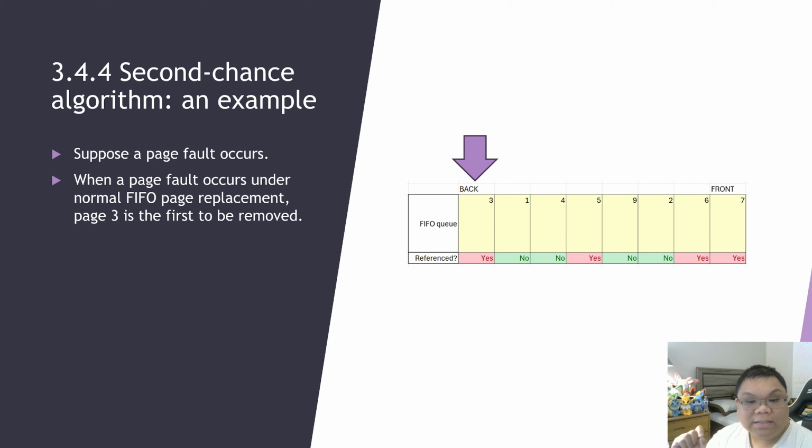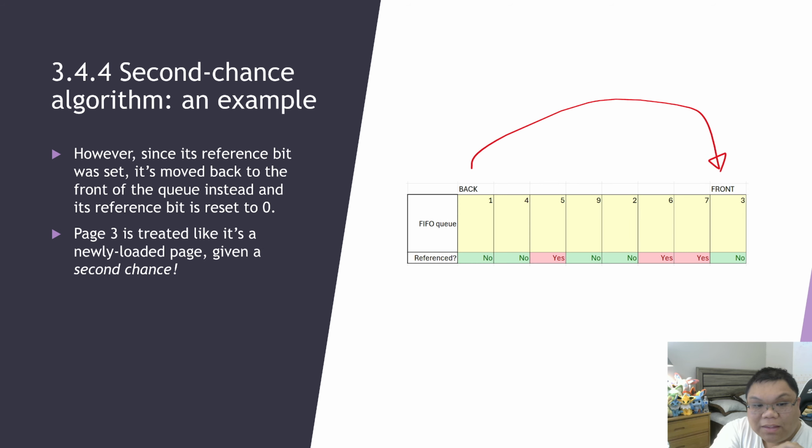If the reference bit is set, that is, the reference bit is 1, that page has been referenced during that time interval, because we have a timer that will reset every page's reference bit. If that reference bit is set to 1, and it's at the back of the FIFO queue, and we need to do page replacement because we need to make room for a new page, what will happen is this.